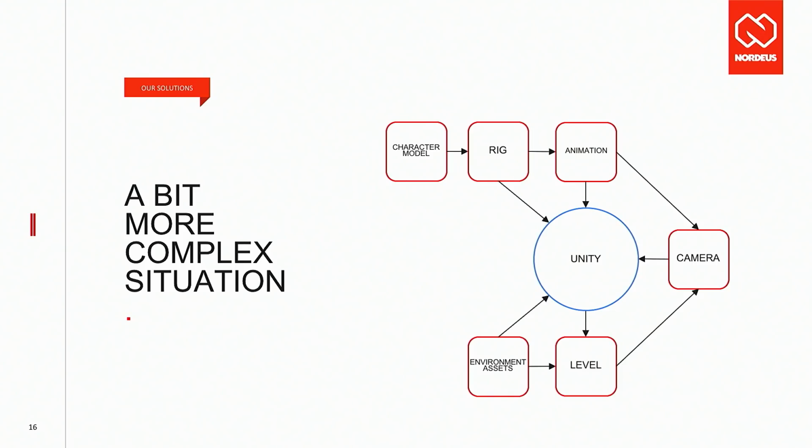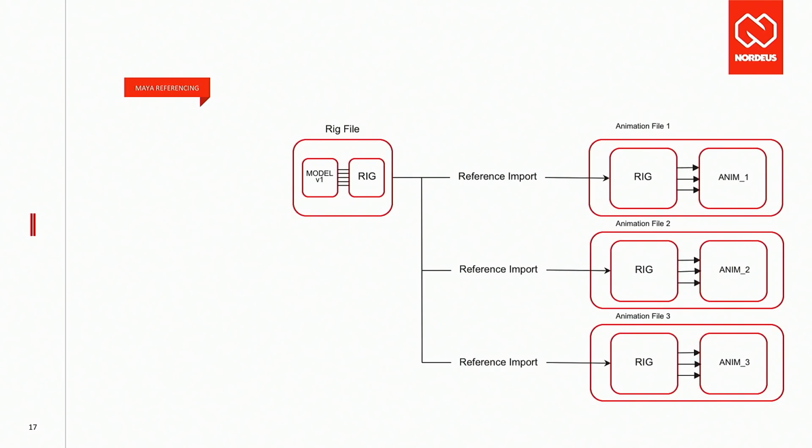So we relied on Maya's default referencing solutions for collaborative workflows. It works really nicely, so we started with that. Basically, we have what we call a rig file. A rig file is usually a 3D model with an attached rig, and basically controllers and animation stuff.